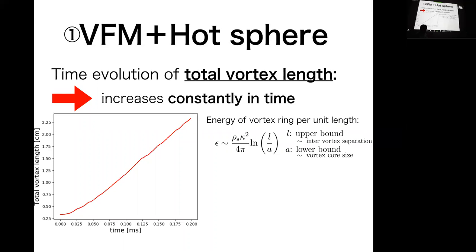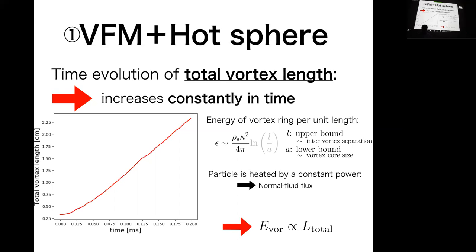The energy of a vortex line per unit length can be calculated by integrating the flow from some lower bound to an upper bound, where the lower bound is the vortex core size and the upper bound is the intervortex separation. It can be given something like this. And since the logarithmic dependence is not that strong, if we ignore this term, we know that the total energy stored in the vortices is proportional to the total length.